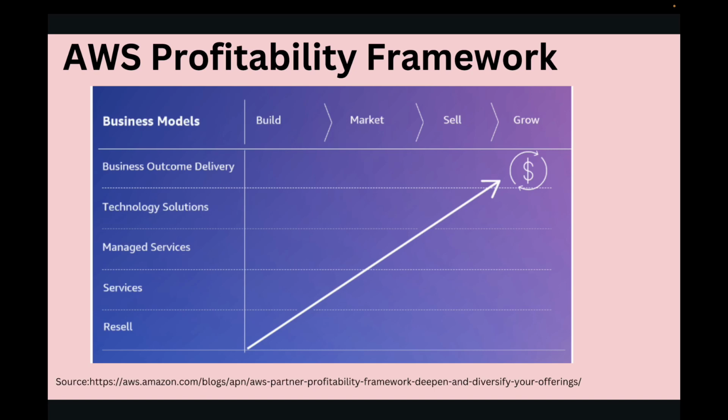Why am I saying this? Because if you're jumping into the AWS partner program and thinking about scaling, it might benefit you to look around for partners offering other services and join hands with them rather than doing it by yourself, right?